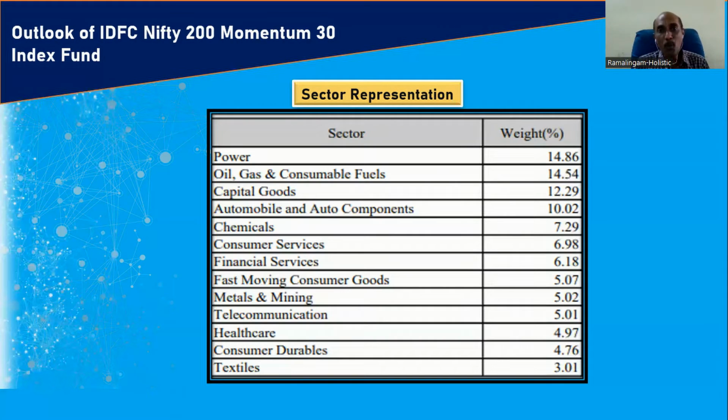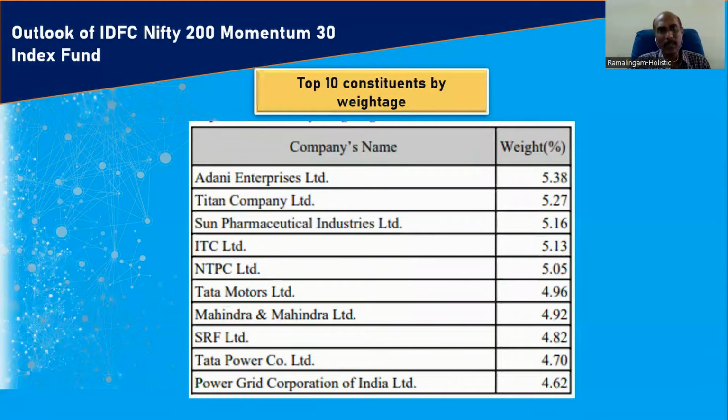Concentration can add more risk. At the same time, it has the potential to add more return also. We have to wait and see. Top 10 stocks are Adani, Titan, Sun Pharma, ITC, NTPC, Tata Motors, Mahindra and Mahindra, SRF, Tata Power, Power Grid. One good thing which you can easily notice is that the top 10 stocks have around 5% of the overall assets each.